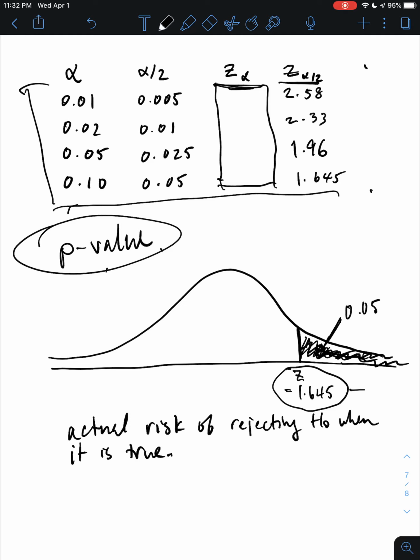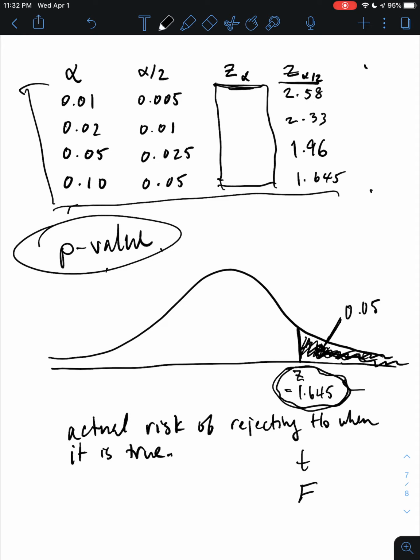It's that some statistics are Z statistics. Later on, we're going to see T statistics. We're going to see F statistics. We're going to see a whole whack, and there's actually a whole whack of them. There's like maybe 10,000 different statistics.